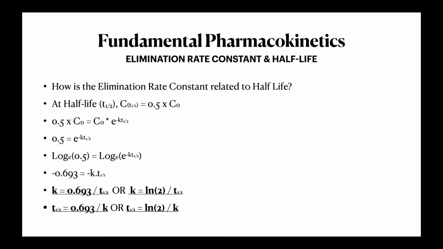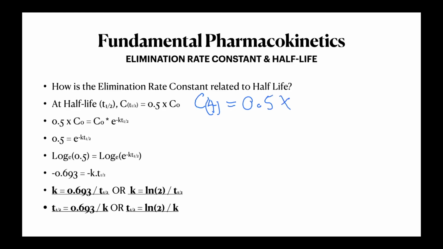So the next concept that we need to build on is how the elimination rate constant is related to half-life. And this is for first order kinetics. Looking at the previous example, the half-life of that drug was 4 hours. So when you look at the formula, the concentration at the 4-hour mark equals 0.5 times the initial concentration.